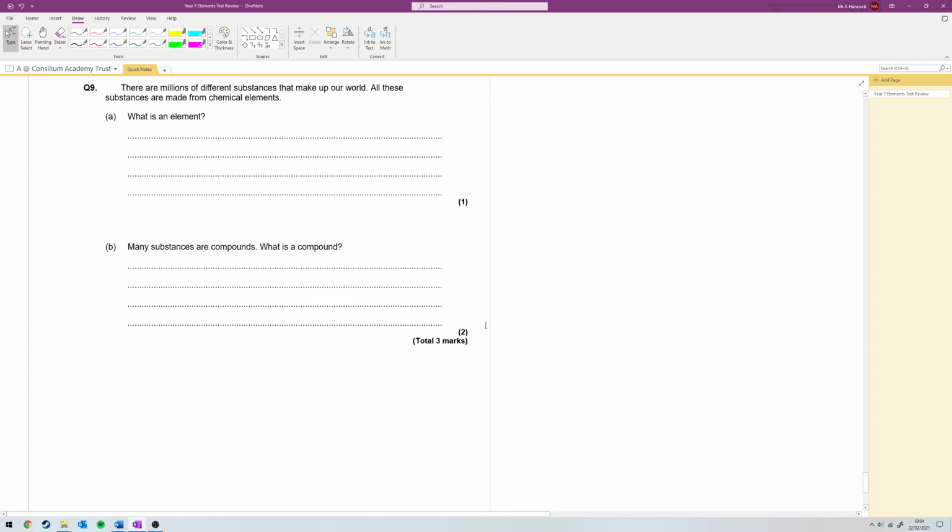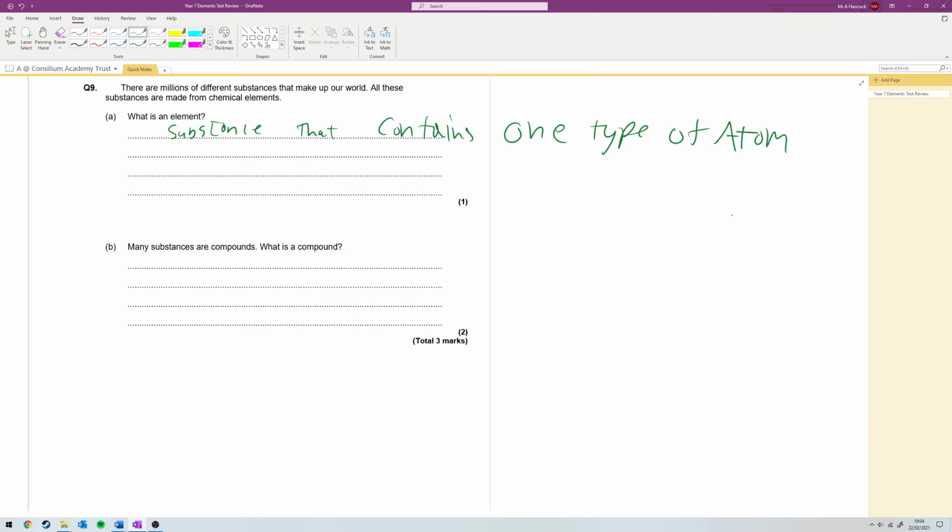Right. And these are our bread and butter definitions. What is an element? A substance that contains one type of atom. Okay. And what is a compound?